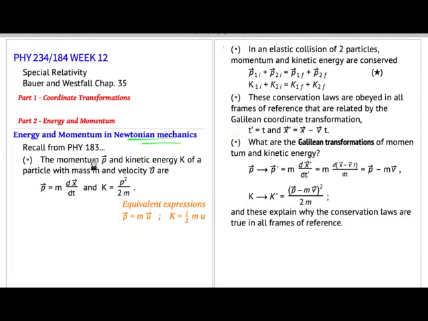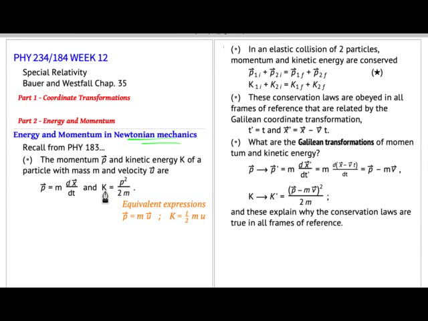The momentum, p, and the kinetic energy, K, of a particle with mass m and velocity u are defined by these expressions. p is m dx/dt, mass times velocity.